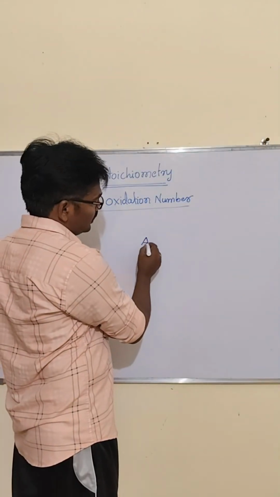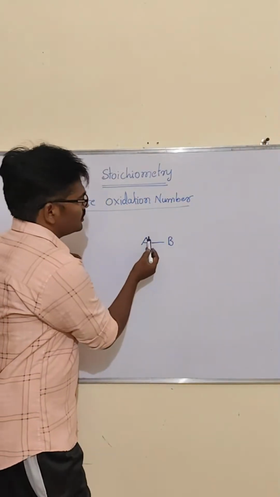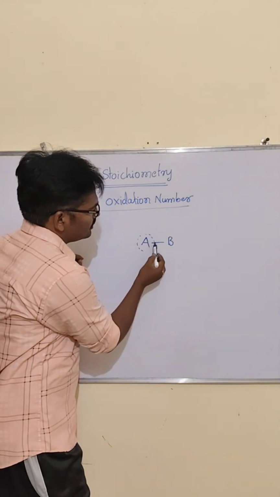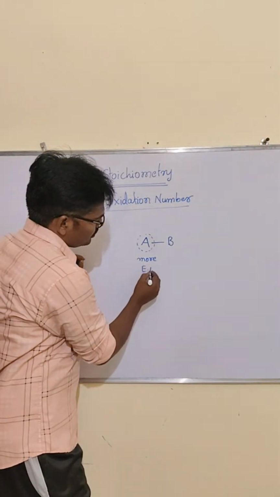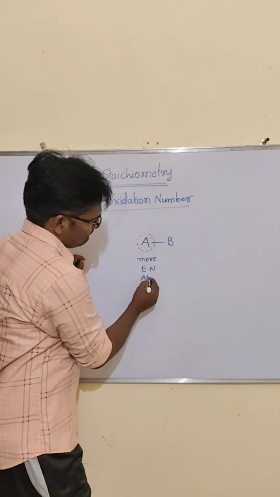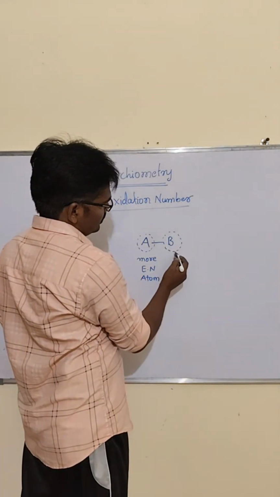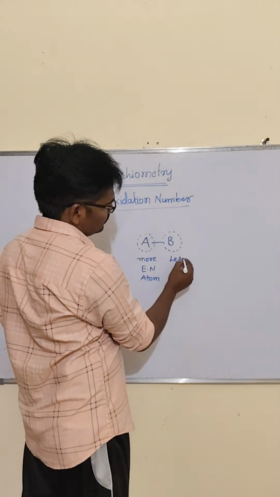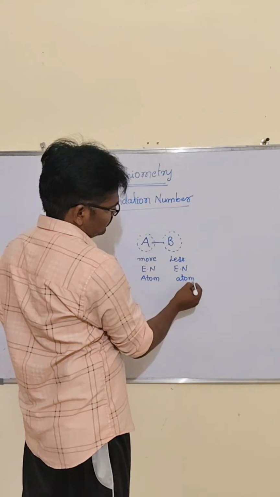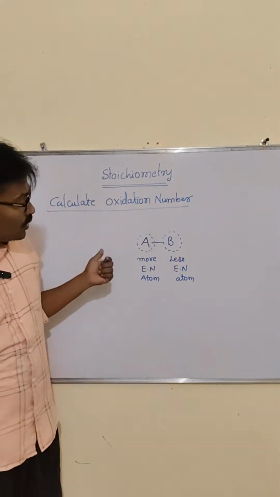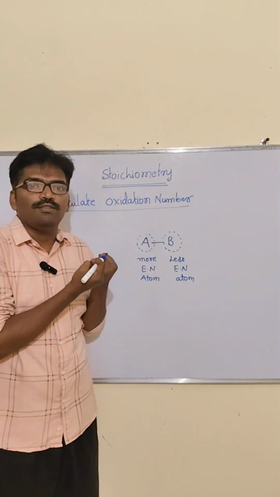In between A and B, assume A is the more electronegative atom and B is the less electronegative atom. Once the more electronegative atom is there, we know that it attracts the shared pair of electrons towards itself.